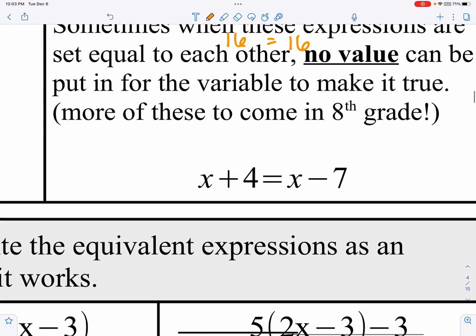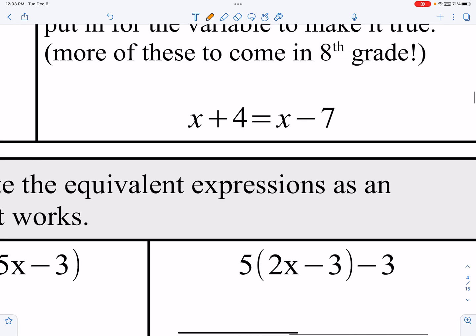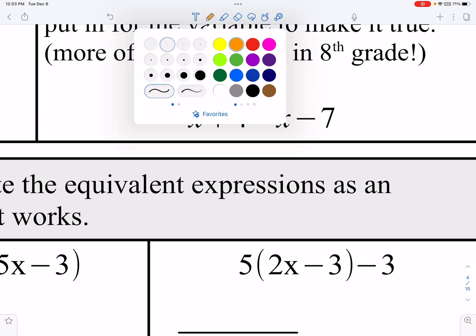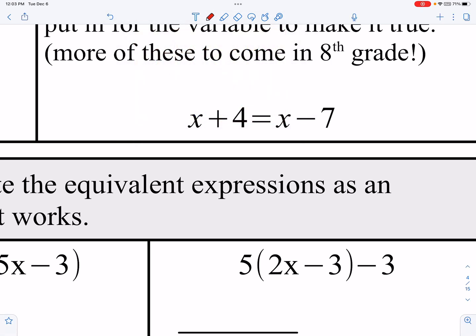All right, our other scenario is this, where you end up with no solution because nothing will work at all, anything you try. I know that to be true because, and this is sort of a preview of what we're going to be getting into, I want to get x by itself. So follow along with this. To get rid of a minus 7, I'm going to add 7 to both sides. And so I end up getting x plus 11 equals x, because this is a 0 pair.